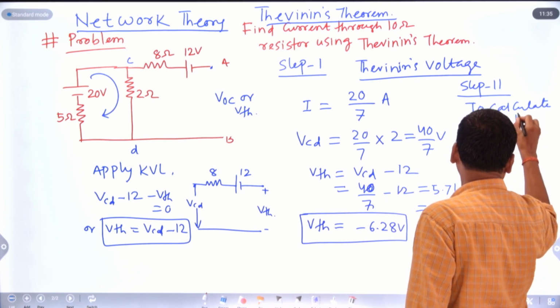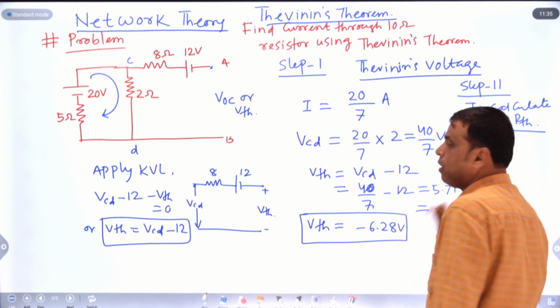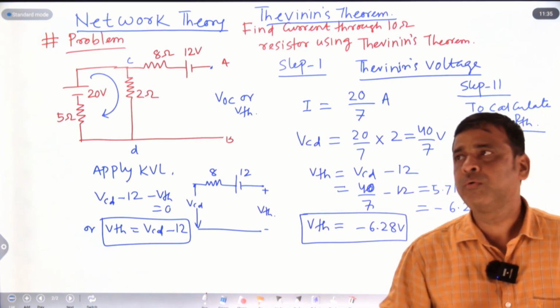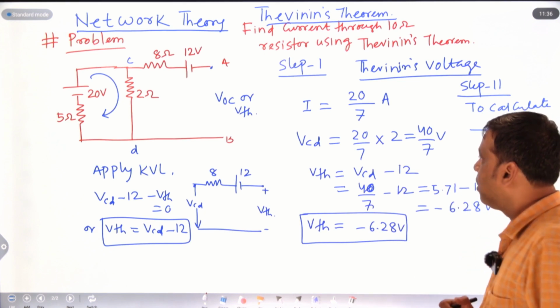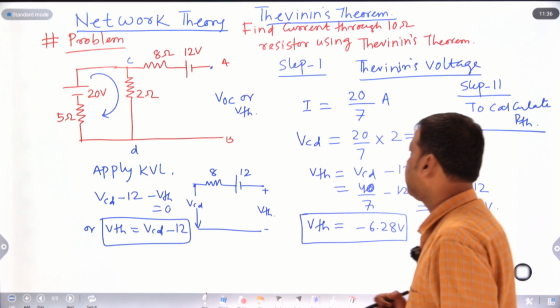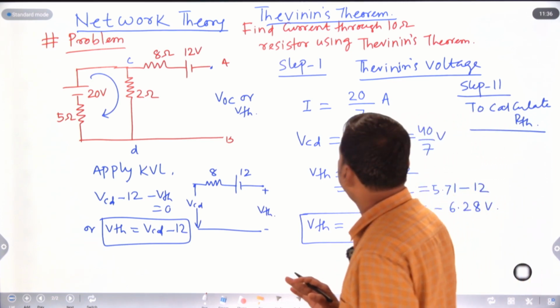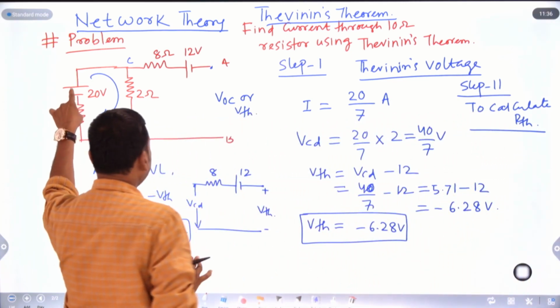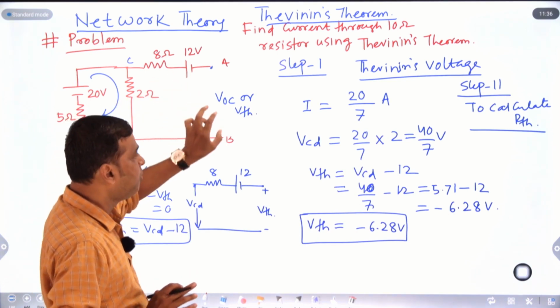How to calculate RTH? Already I told you. To find Thevenin's resistance, all the voltage sources should be short circuited and current sources should be open circuited. There is no current source in this network. So only two voltage sources, 20 volt and 12 volt.